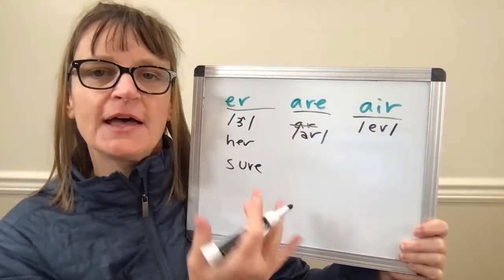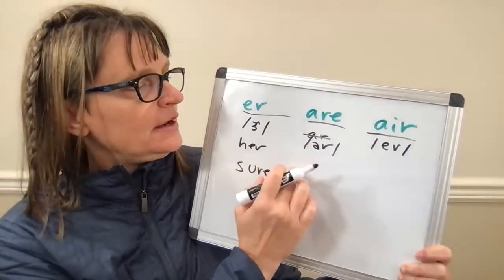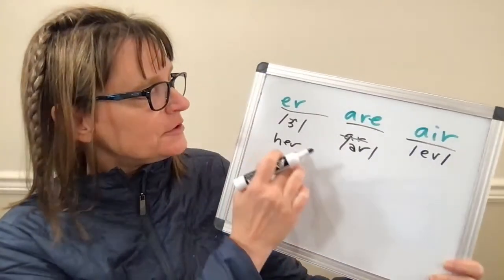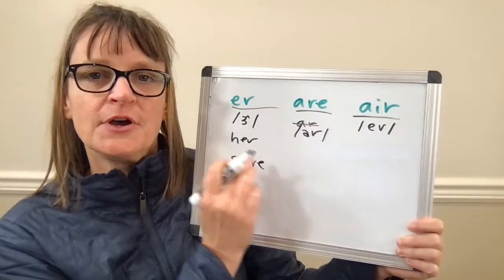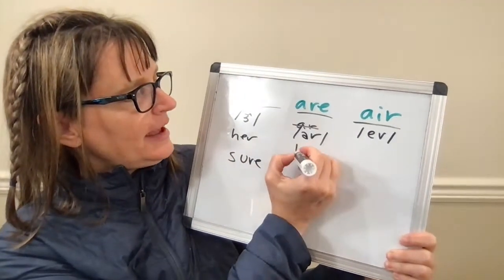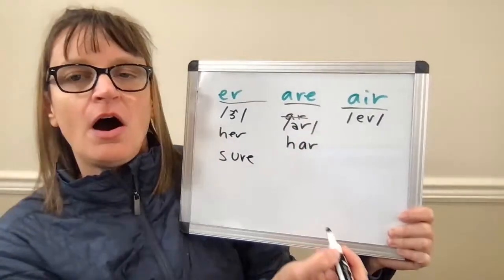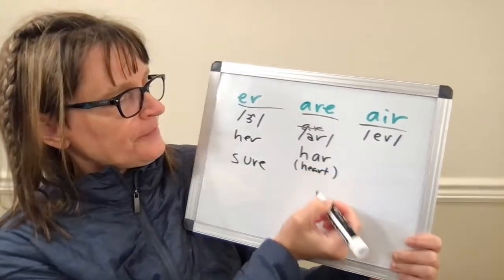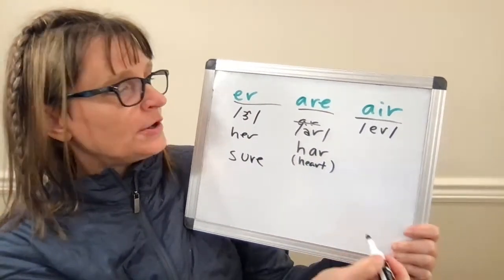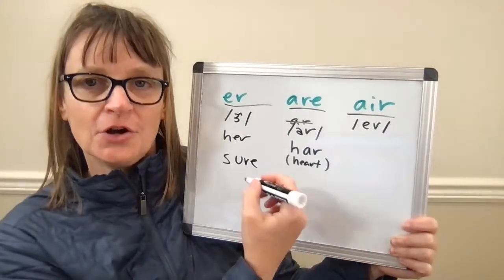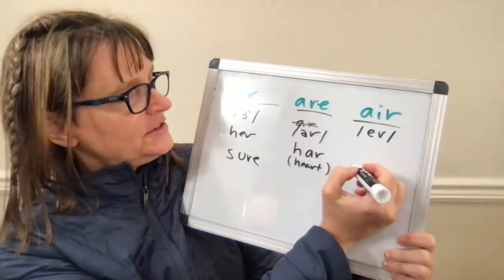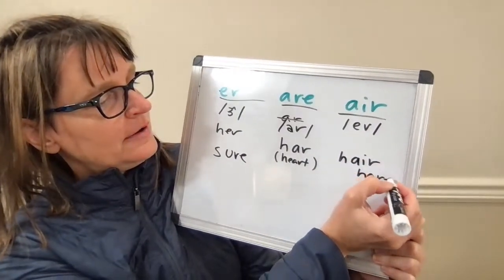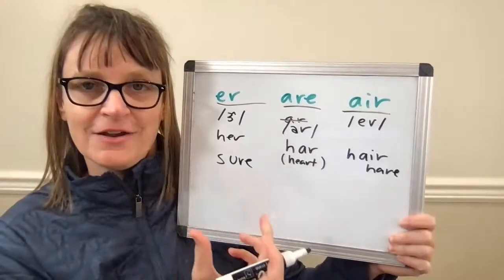But what I want to look at is that for some people, hearing and creating the difference between these sounds is a little bit challenging. So you may be trying to say the word her, and it might sound more like har, as in heart. Or you might be saying her or har, and instead it comes out sounding more like hair with the air diphthong.